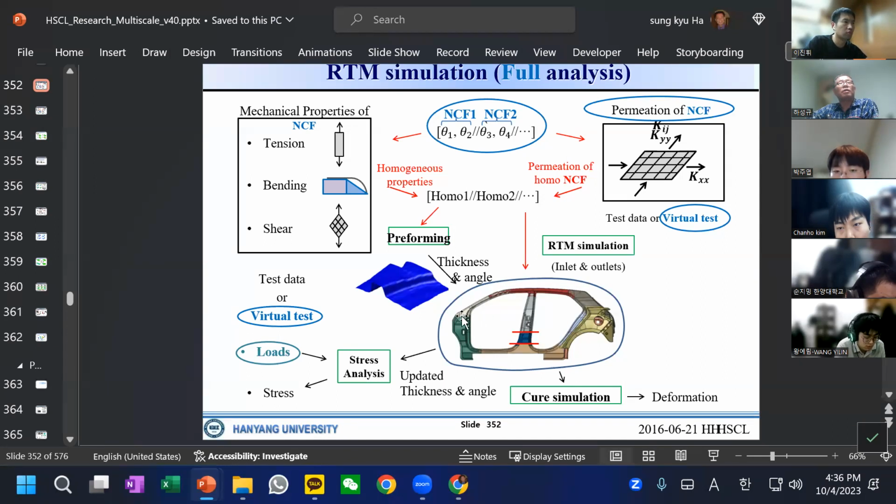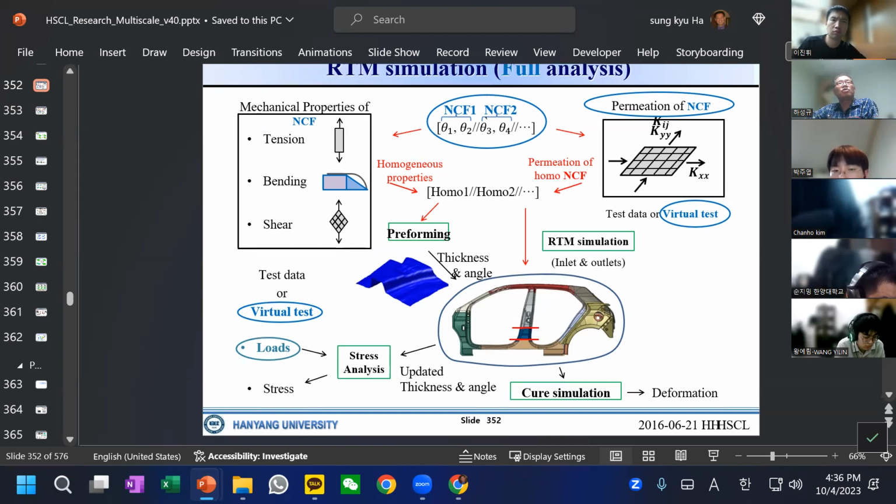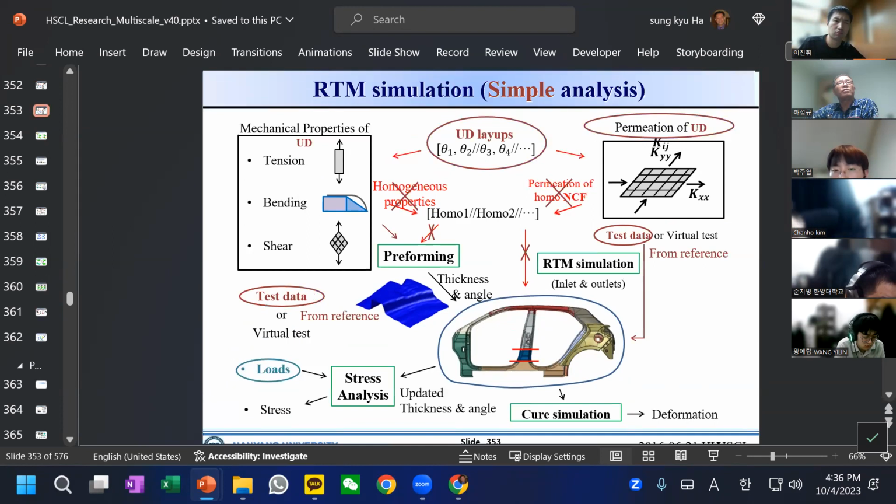Well, for each one we have a preforming, and then we have a big mold. We layer by layer, and once we have the dry fabrics layered, we use resin transfer molding or infusion.